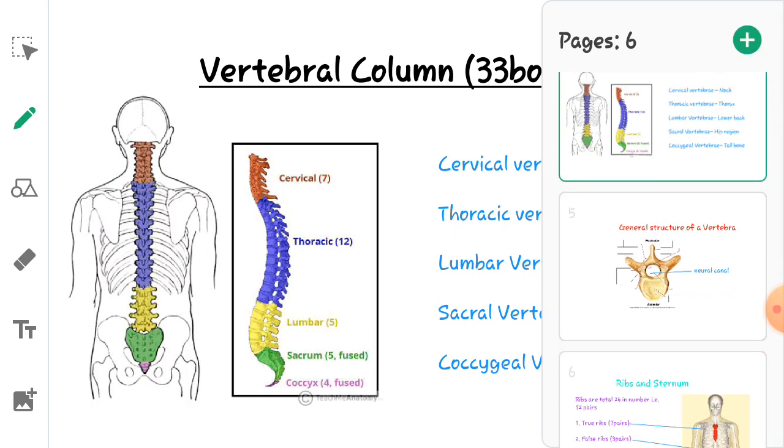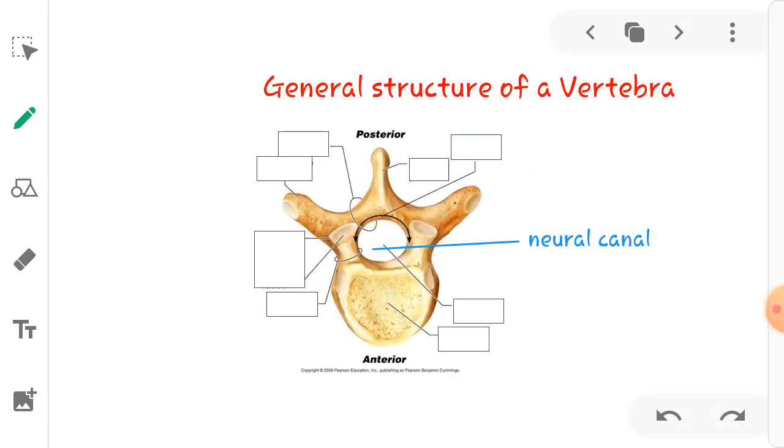Then we have, here I have discussed general structure of a vertebrae. You're not supposed to read this in detail. Few things are required that you need to remember. Look at the structure of a vertebrae.